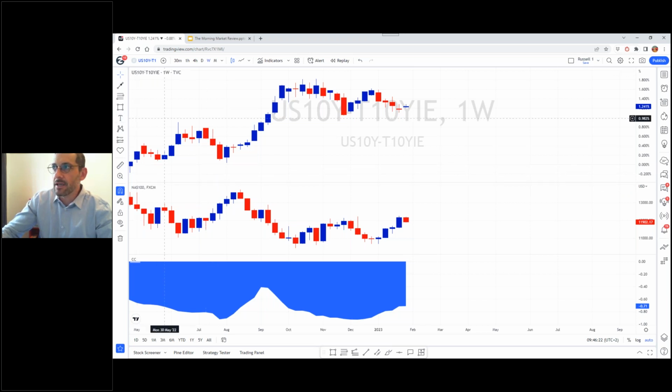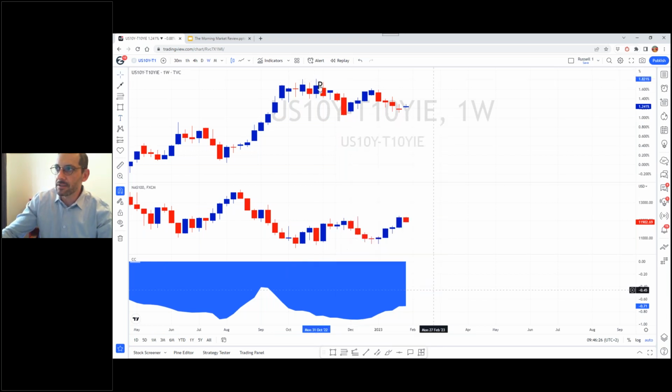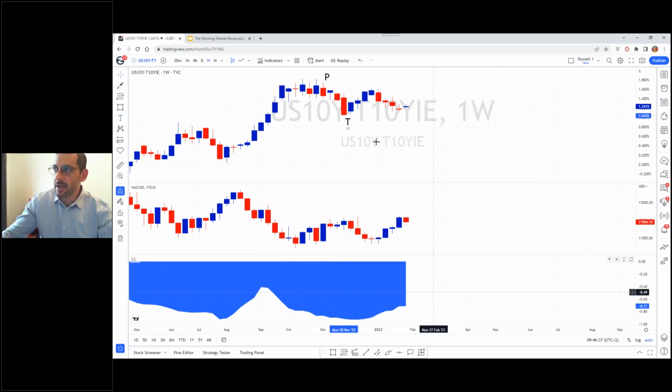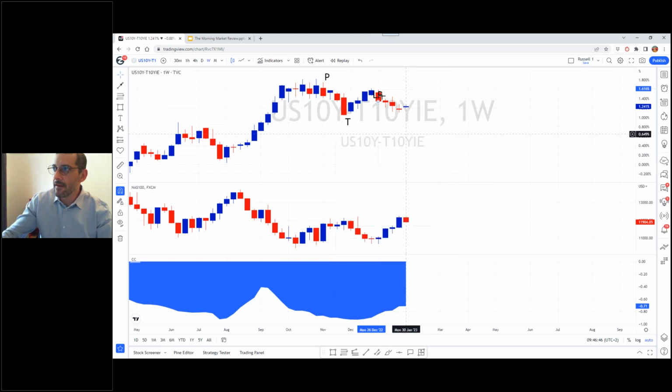So what you can do is put in a reference peak on the real rate, and we can put in a reference trough. Okay, so once we've got our references, it becomes much easier to label, and you can see that we've got a lower peak over here. Okay, we'll call this an LP.